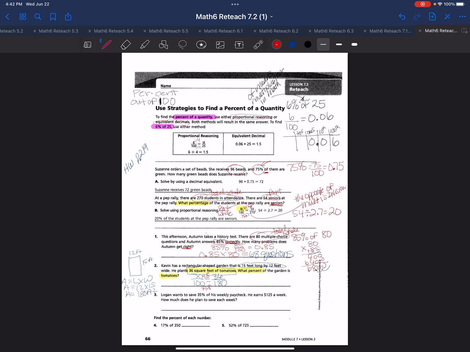The opposite of multiplication is division, so I would do 36 divided by 1.8. I need to move over my decimal. So that's really 18 into 360, which goes in twice, and then 0, so 20. So what percent of the garden is tomatoes? We know that 20% is tomatoes.